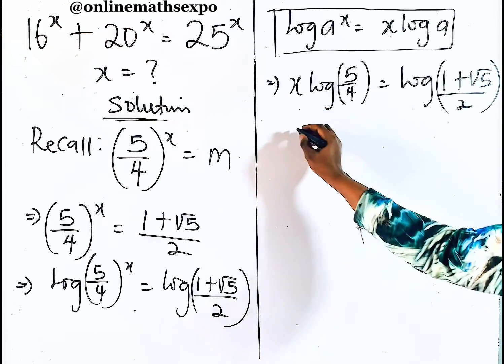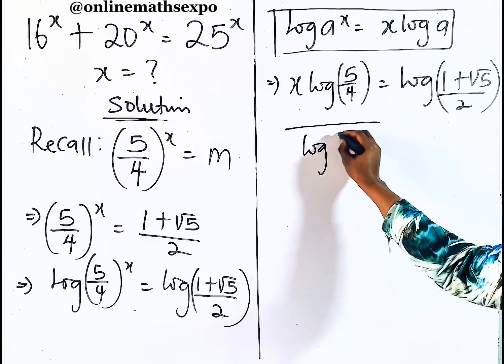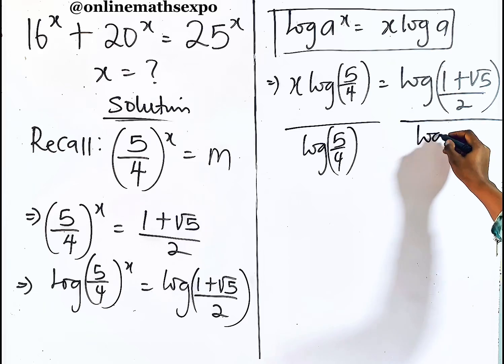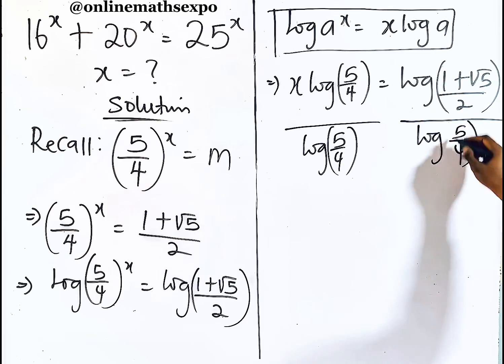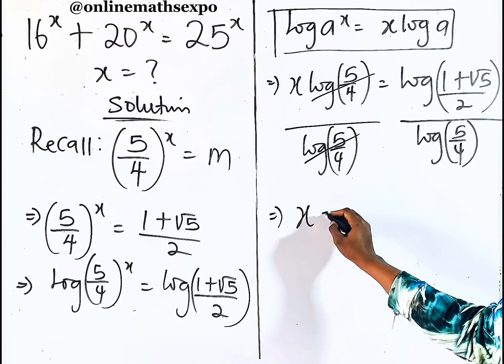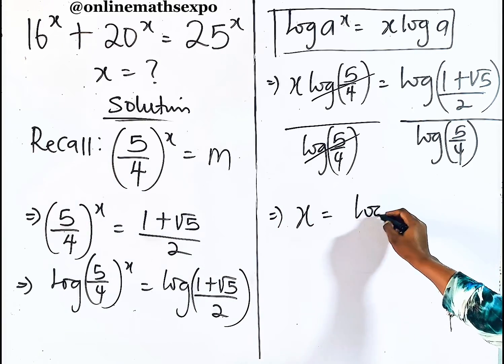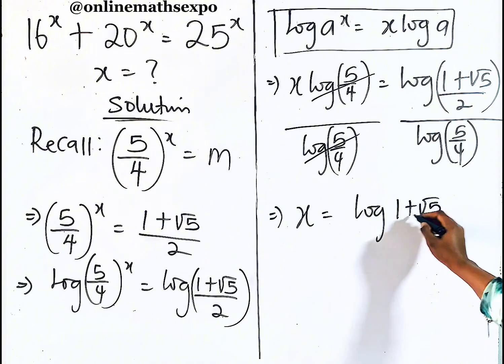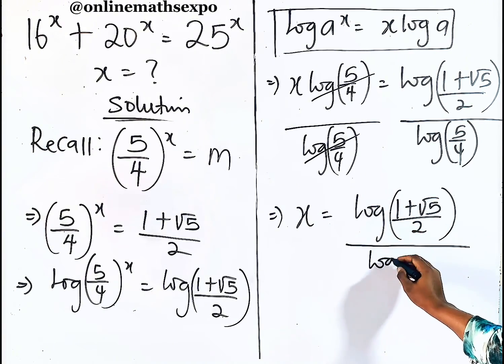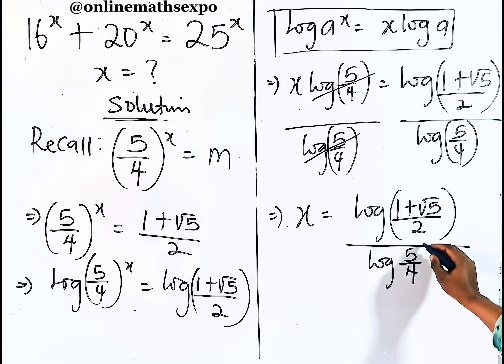Now to get x, divide both sides by log of 5 on 4. You also divide this by log of 5 on 4. This takes off this, so we now have x is equal to log of 1 plus root 5 divided by 2, divided by log of 5 on 4.